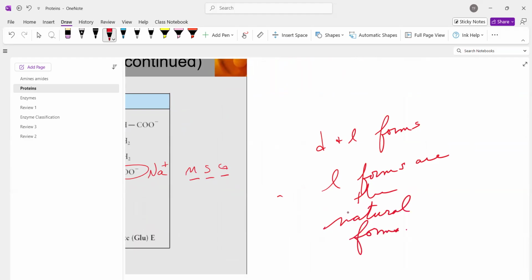And this is why some people are susceptible to the D form. So if you're susceptible to that in terms of allergic reactions or whatever, when you buy MSG, you're getting both of them, unless you spend a lot of money and get the L form.